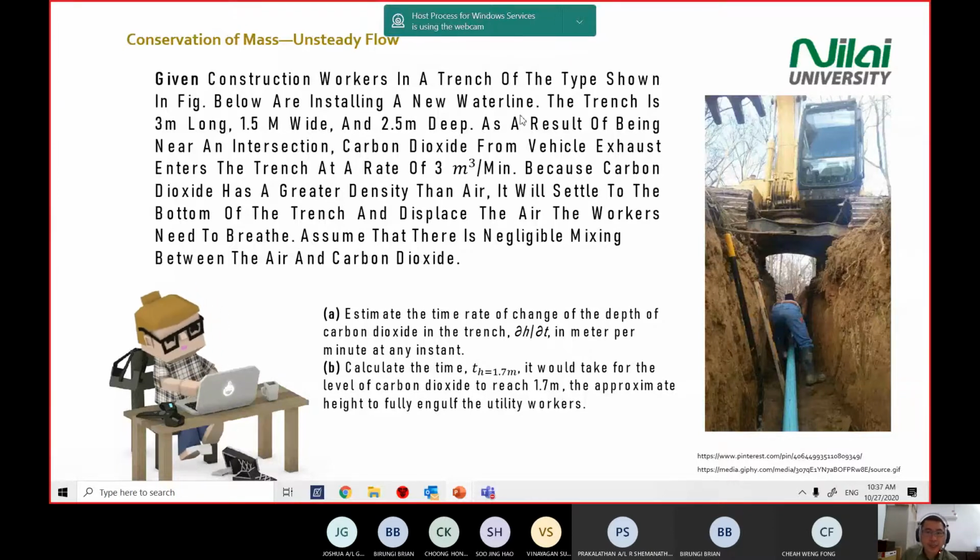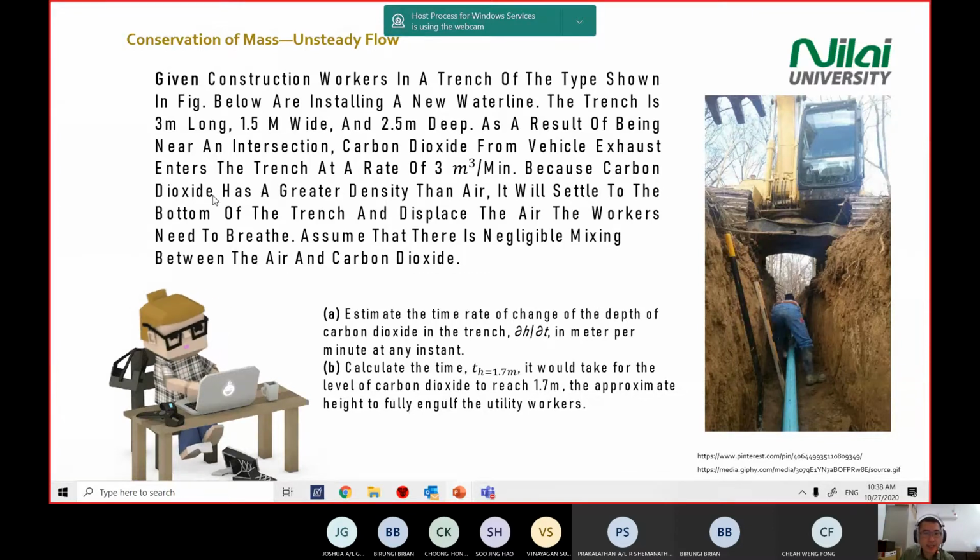You need to do some calculation. You are given the size of the channel or trench, a certain size: 3 meter, 1.5 meter, 2.5 meter. As a result of being near an intersection, carbon dioxide from the vehicle exhaust, if the vehicle is still running all the time, will drop into this channel, and then there's a worker there.